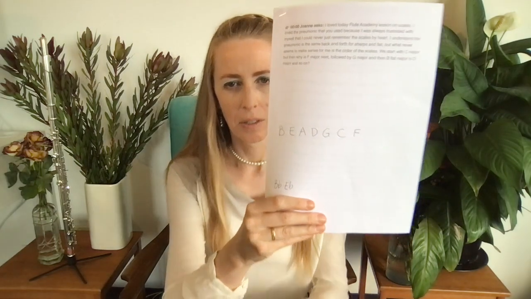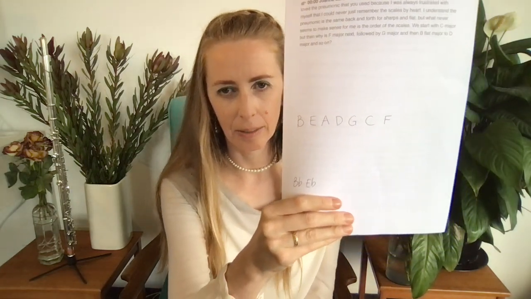The real order, yes, there is an order and yes, there is a pattern. And I'll tell you that it is this. So have a look at, let's start at F. Now, if you're in the key of F major, go up a 5th.